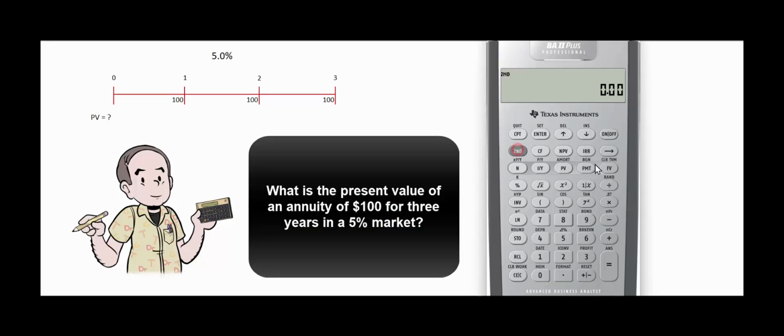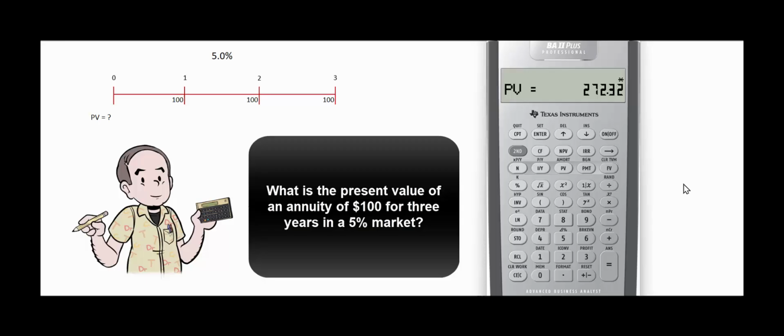We'll hit second, clear time value, and the N is 3, the I is 5%, PV is what we're trying to solve for, 100 is the payment. Let's make it a negative sign so that when we solve for the PV, we'll get a positive sign. We'll hit compute PV, and that's $272.32.